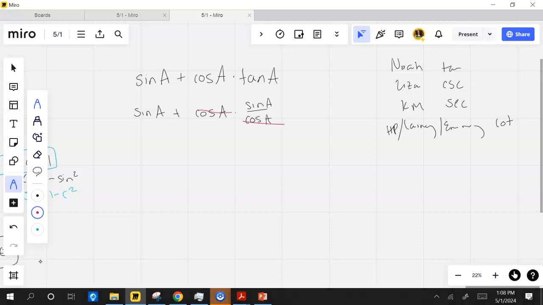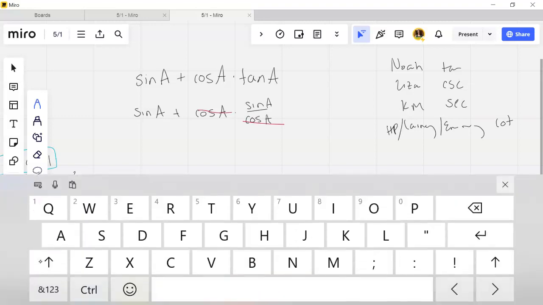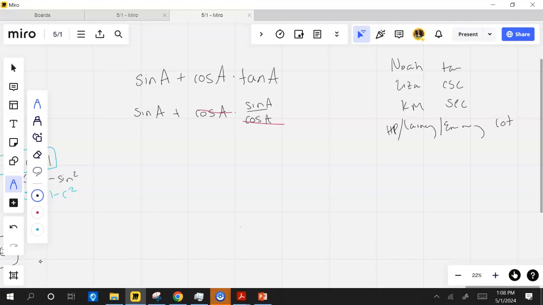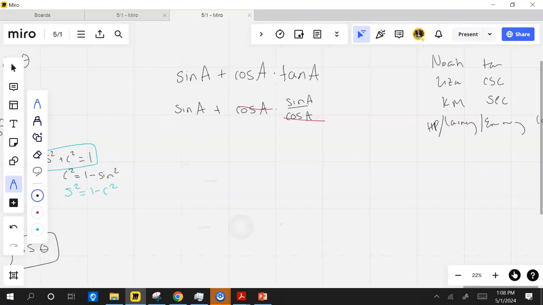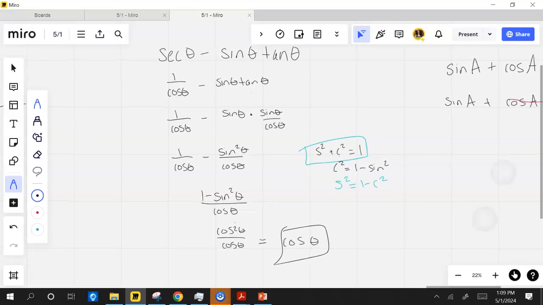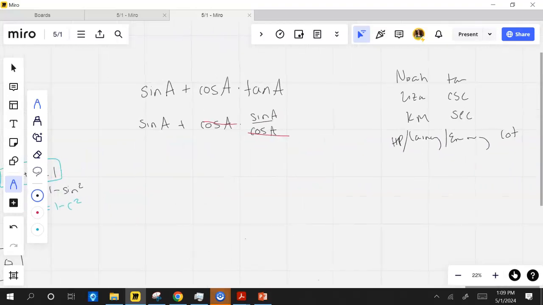The cosines cancel each other out because they're both on top. Nobody was right. Is it 1? Oh, it's just like theta.